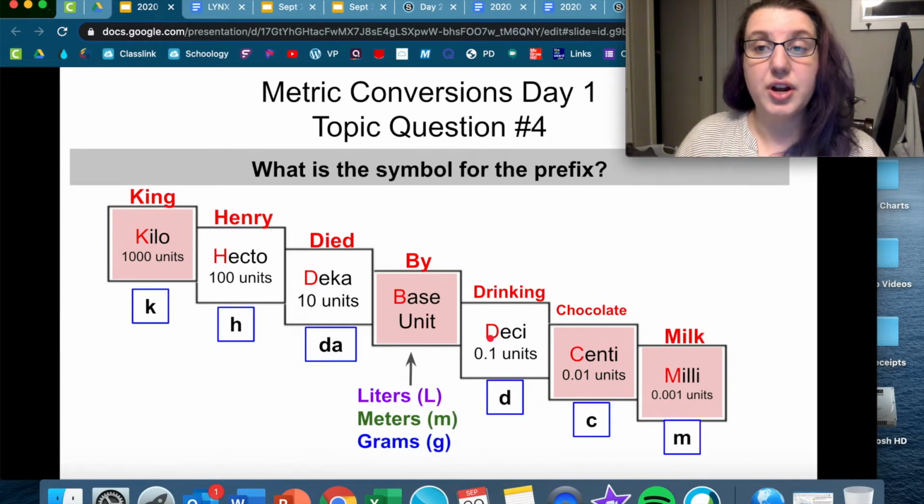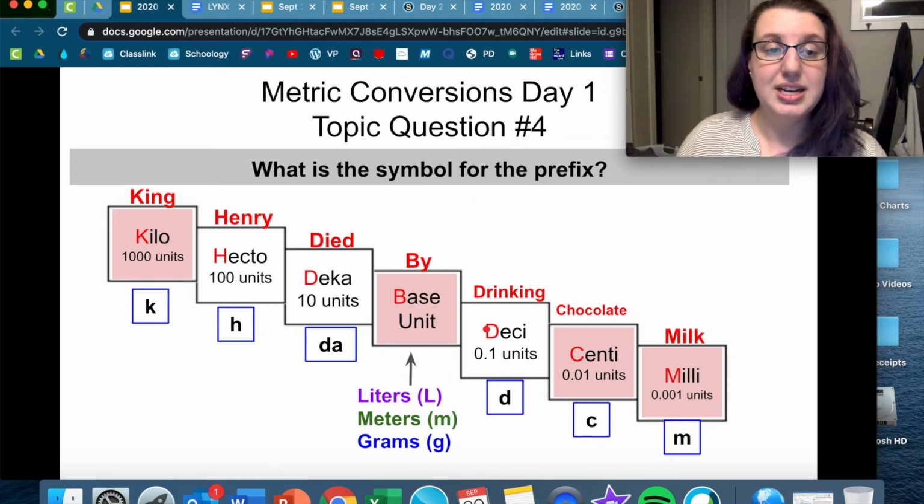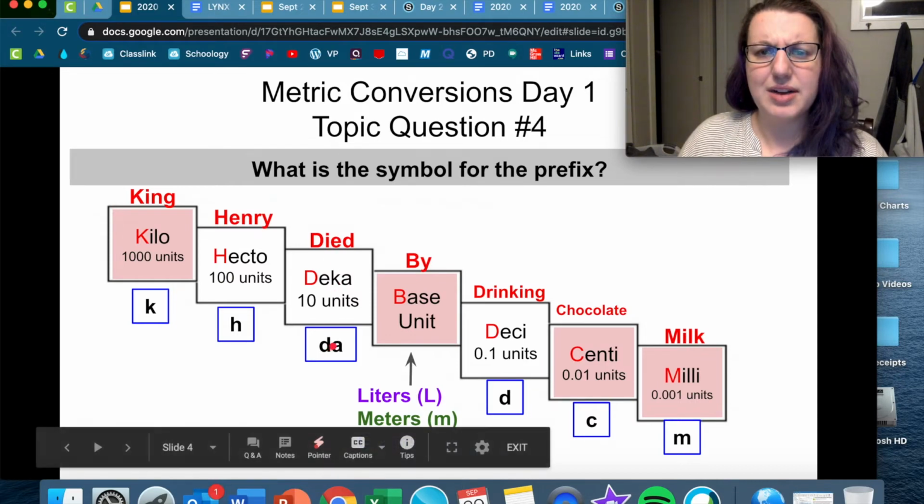Along with our mnemonic device, we also have the abbreviations, which are super important to remember. Luckily, they're all just the first letter of that thing. King, kilo, K. Henry, hecto, H. Died, deca, we'll come back to that one. By, base, which gets meters, liters, and grams. Drinking, deci, D. Chocolate, centi, C. Milk, milli, M. Those all make sense together, except for this weird one, deca.